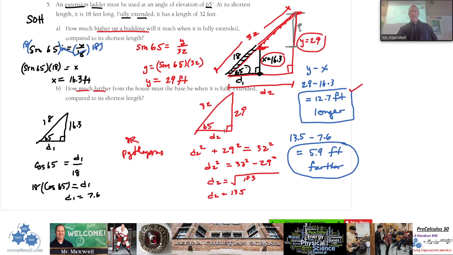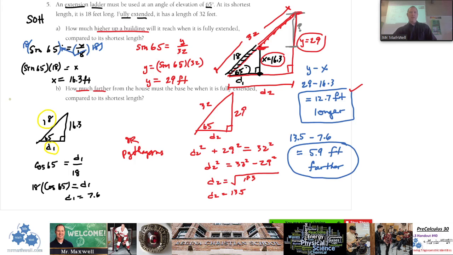All right, so let's take a look at B. Again, we're trying to find the difference between the horizontal distances on the bottom. So there's two different ways you could do this, okay? So I drew the black triangle here, and you could use the trigonometry. You could do something like cos, which I did, which was adjacent over hypotenuse.